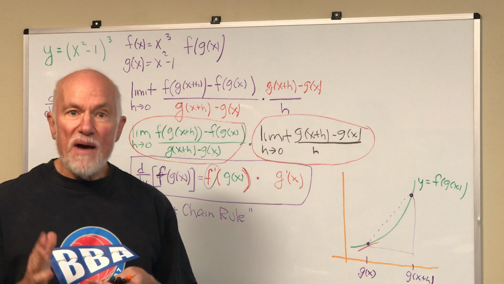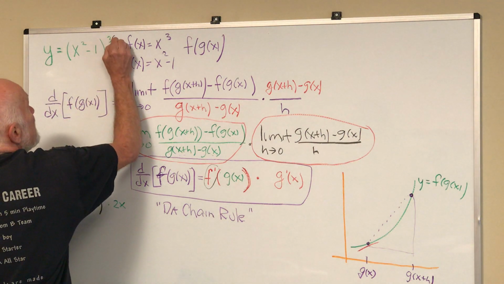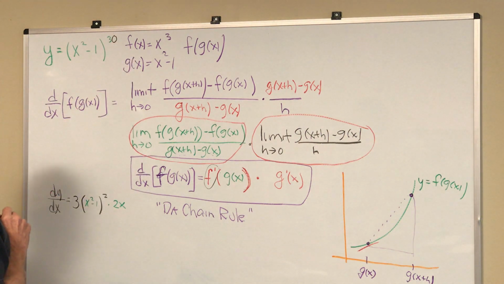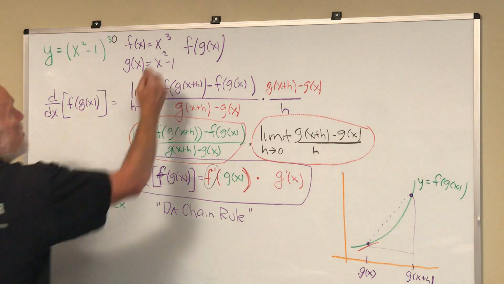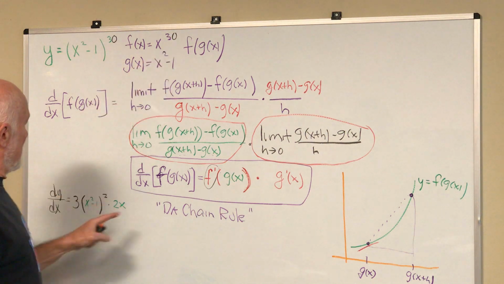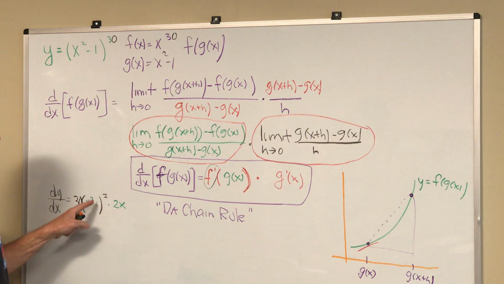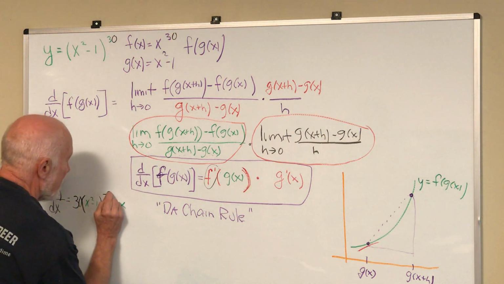Now, the nice thing about that, what if this really had been to the 30th power? It wouldn't have been that much more difficult, because the derivative of x to the 30th would just be 30x to the 29th.